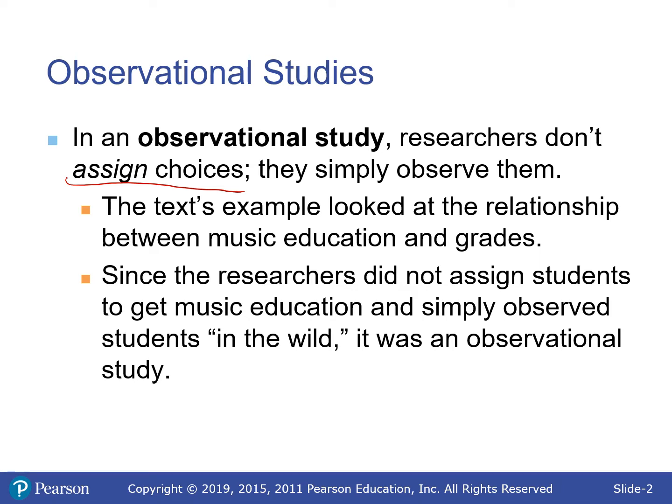As opposed to if we were looking at grades between, say, my third period algebra and Mr. Schmidt's third period algebra class. The people were randomly assigned into those classes. So if the subjects, the people, choose their groups, it's an observational study.